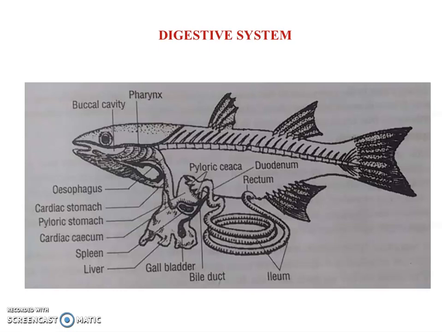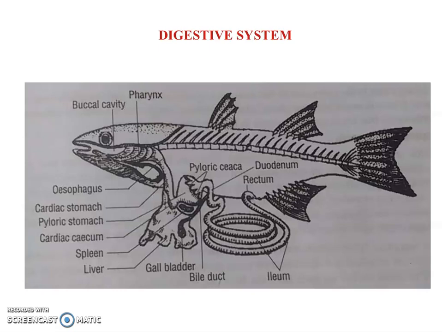Right, now the next part is the pharynx. The wall of the pharynx is provided with gill slits, that is, openings. You can see that there are four pairs of gill slits, four on either side. At the junction between the pharynx and esophagus, there are a few pharyngeal teeth, and these teeth act like a filtering apparatus to filter out the mud that reaches along with the food.